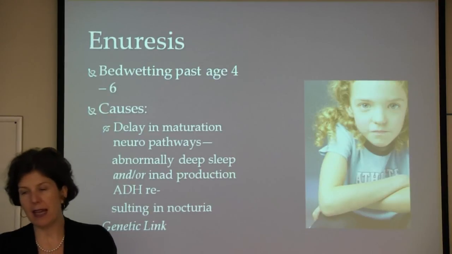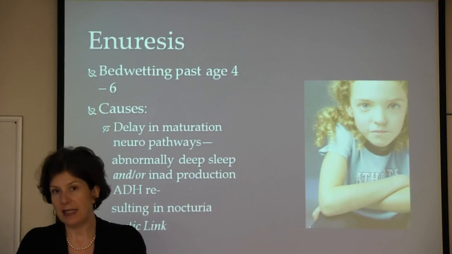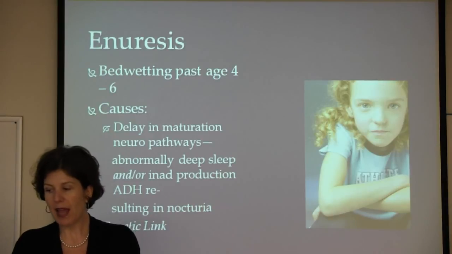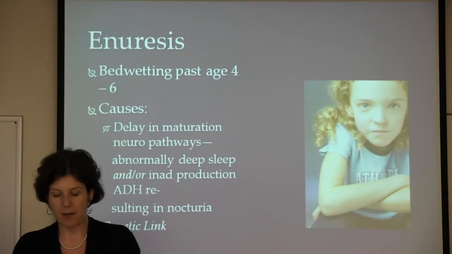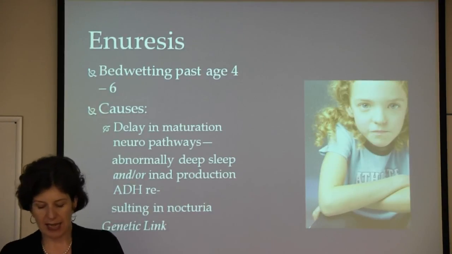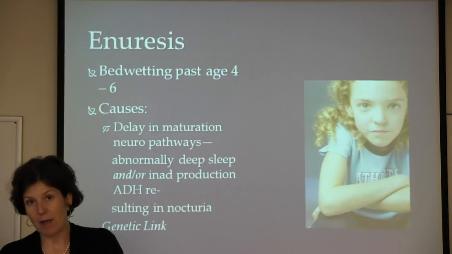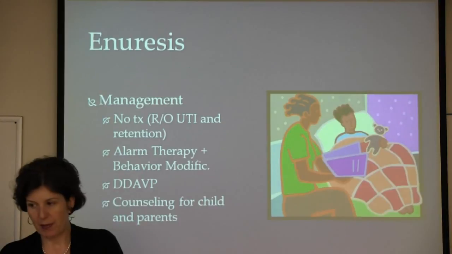They may have inadequate production of antidiuretic hormone, and this results in nocturia. There also has been a correlation with a genetic link, as many parents who had this problem as children also have children who develop it.